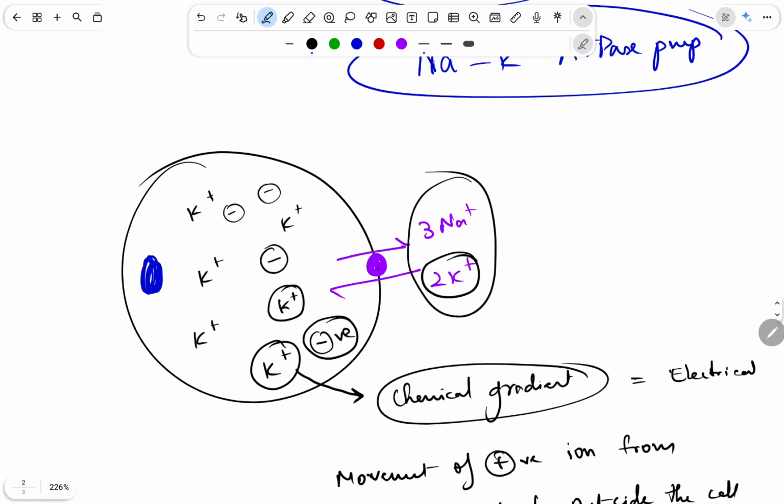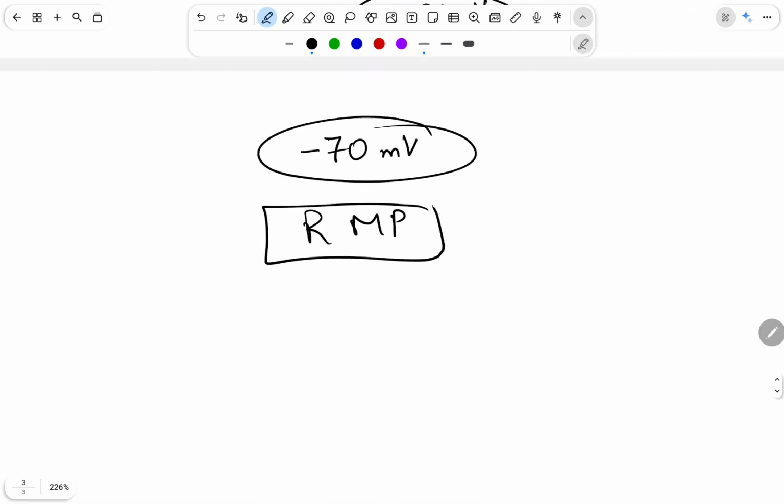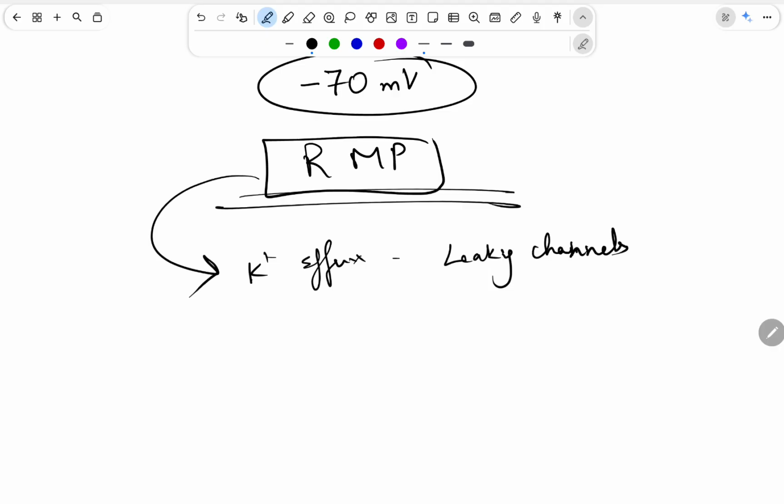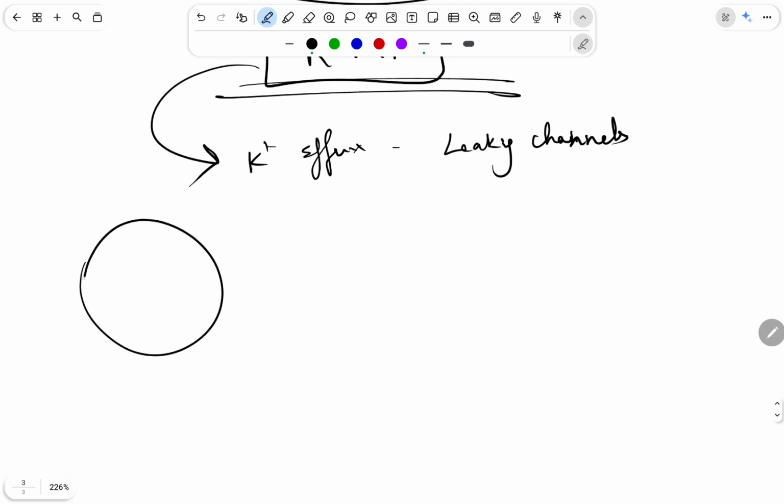So what is the basic reason that RMP exists? It is the potassium efflux through leaky channels. This is the first reason that the RMP exists, because initially potassium was there inside, and because of the chemical gradient established, it will start to move out. So that is the first thing.